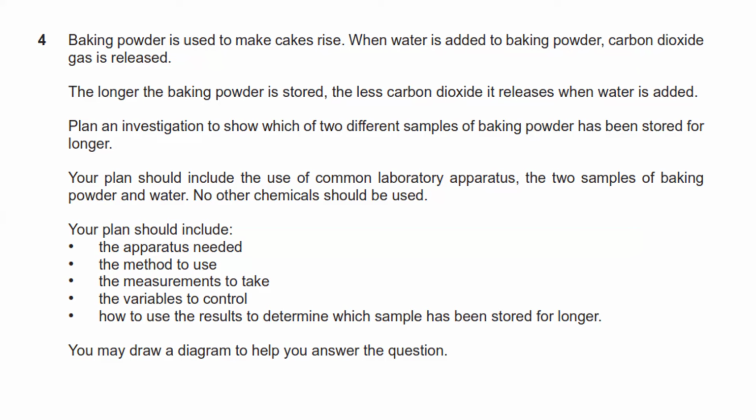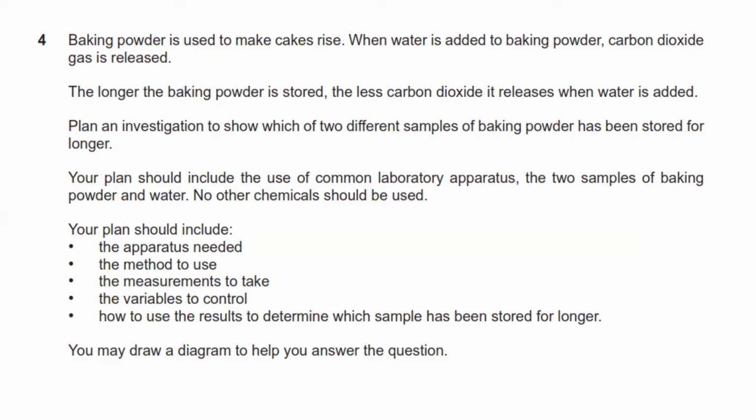Your plan should include use of common laboratory apparatus, the two samples of baking powder and water. No other chemicals should be used. Your plan should include apparatus needed, the method to use, the measurements to take, the variables to control, and how to use the results to determine which sample has been stored longer. You may draw a diagram to help you answer the question.